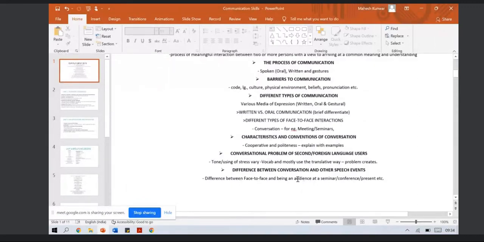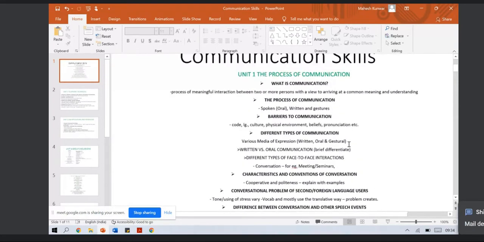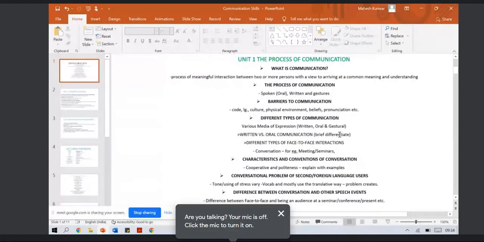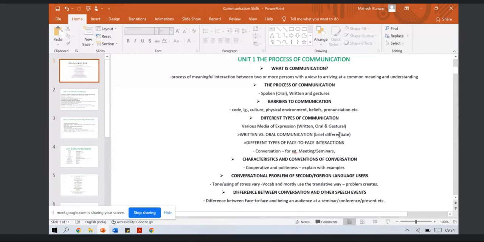Okay. You can read all this information, or please go through: what is communication, the process of communication, barriers to communication, macro functions of communication, different types of communication, and the differences between written and oral communication.